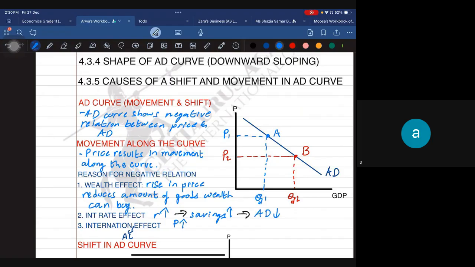The exports are going to decrease and the imports are going to increase. Why will imports increase? Because in comparison to your goods, the foreign goods are cheaper, so you will buy those. For foreigners, your goods are more expensive, so they will import from somewhere else.